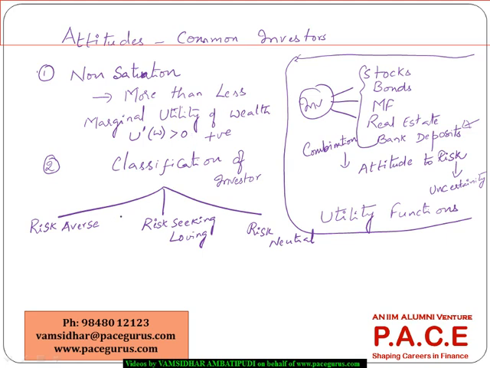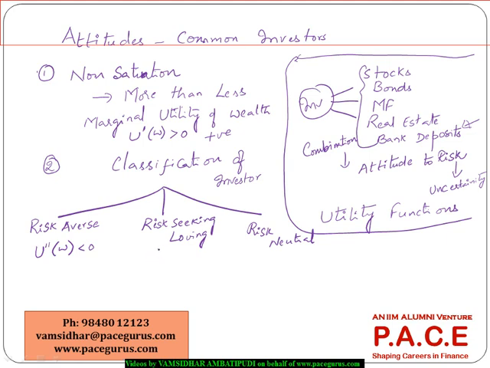And if I have to express the behavior of these three kinds of investors in terms of a utility function, it comes out straightforward. The second derivative of the utility function is negative for the risk averse persons. We'll see why.